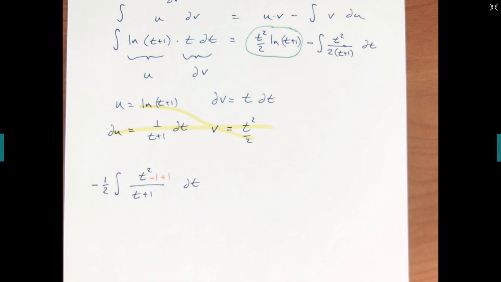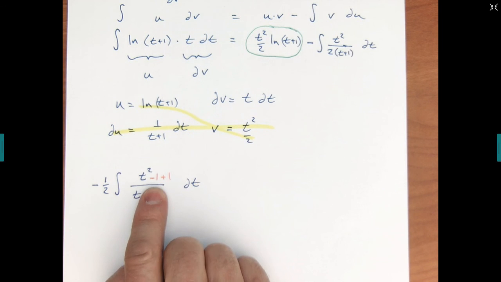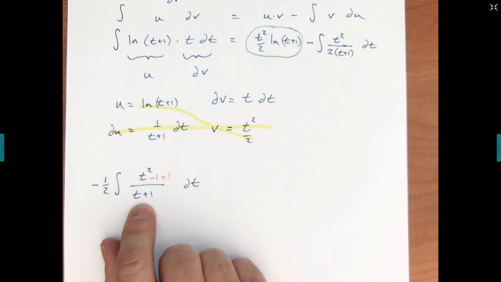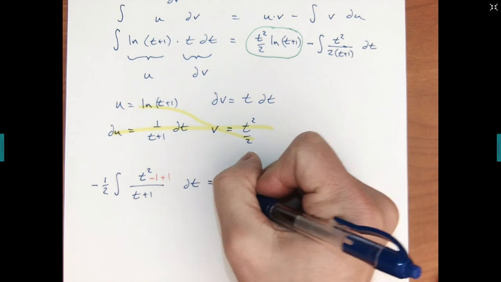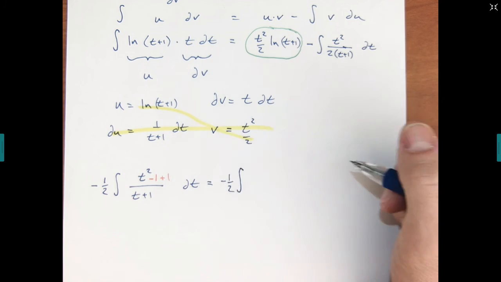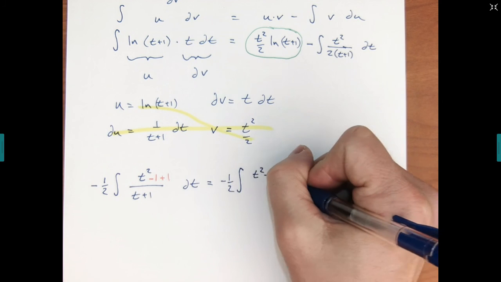I haven't changed anything. But what I do notice, I have a t squared minus 1. T squared minus 1 can be factored to the quantity t plus 1, aha, times the quantity t minus 1. So I'm going to do that very thing. It's a fun little technique, and we have lots of fun little tricks that we can use. I'll just write it out very clearly.